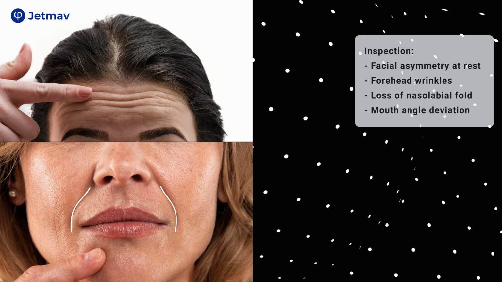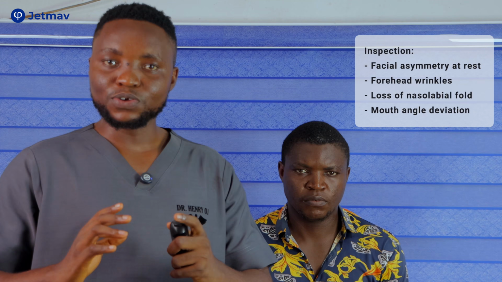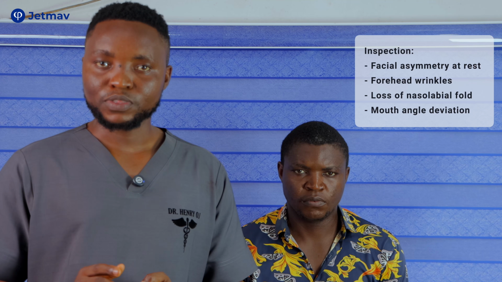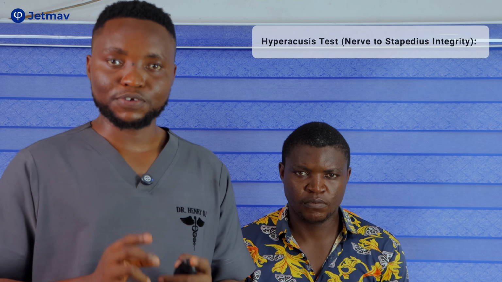Also check the angle of the mouth for any deviation. We are essentially making sure that the face is symmetrical. Then we test facial movement by asking the patient to perform some actions. After that, we test the function of the stapedius muscle to make sure the innervation is still intact. Then we go over to the sensory division. So let us start with inspection.